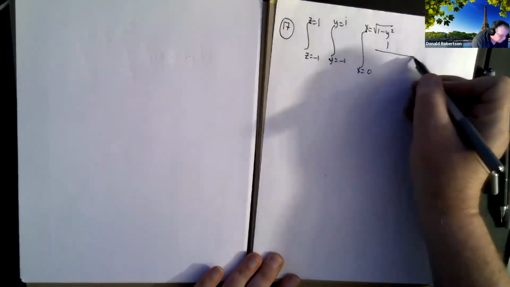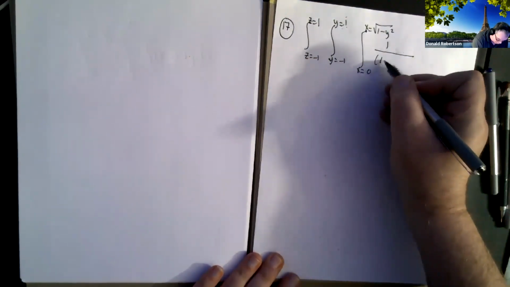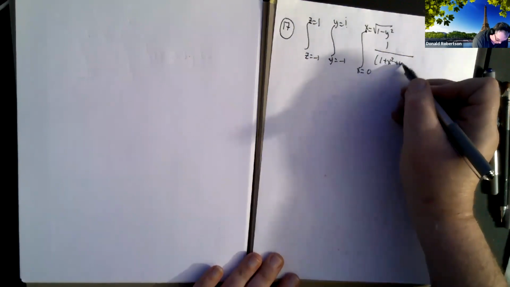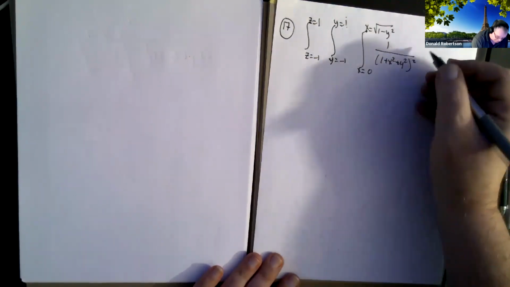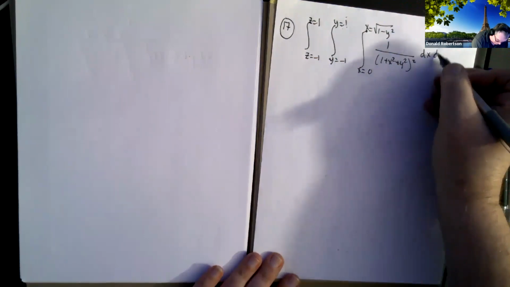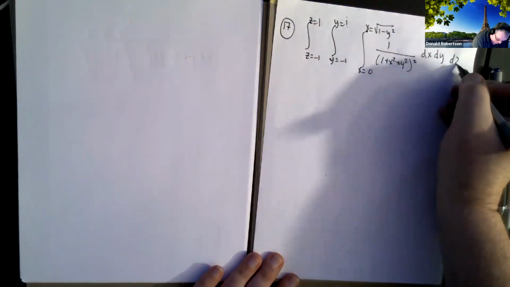And the function is 1 over (1 plus x squared plus y squared), all squared. And it's a dx, a dy, and a dz. And we're being asked to evaluate this integral using cylindrical coordinates.